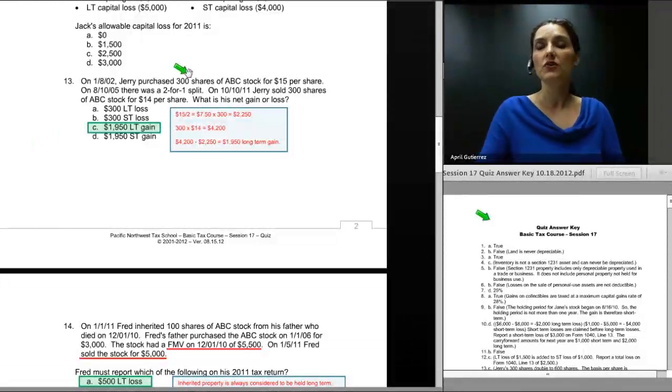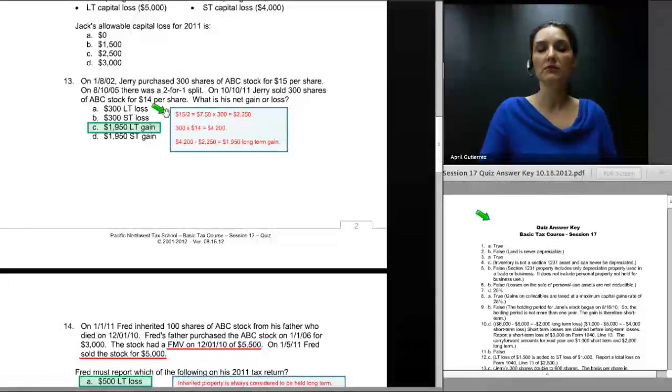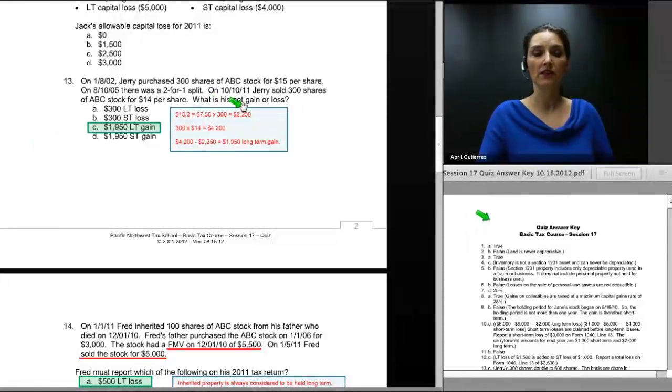So if he sells 300 shares, it means he sold half his shares, and his basis will be for the half of the shares that he sold. And so we essentially take $15 per share divided by 2, and that gives us $7.50 per share. He then sells 300 shares at a cost basis of $2,250.